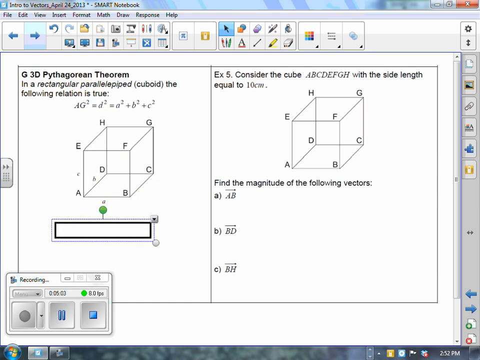for a parallelepiped, if you want to consider the diagonal, or this cross diagonal AG, so from vertex A over to G. So if you can envision looking into the cube and following the diagonal from A to G, the idea there is to come up with the length of that particular expression.